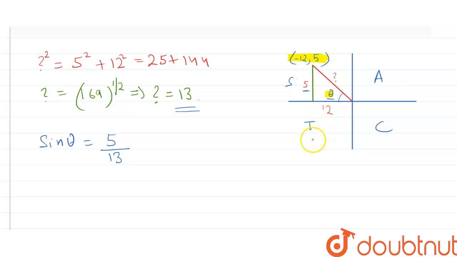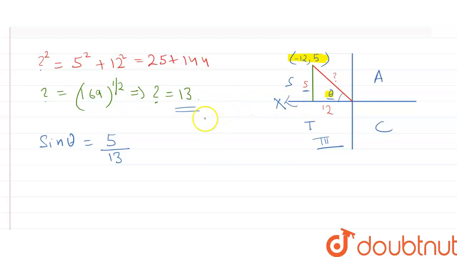In the third quadrant, tan and cot will be positive and the other trigonometric functions will be negative. And in the fourth quadrant, cos and the opposite of cos, that is sec, would be positive and the other trigonometric functions would be negative. So we are talking about the point in the second quadrant, and we are calculating with the minus x-axis.